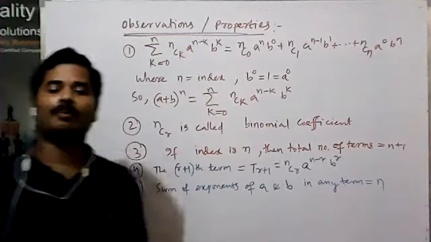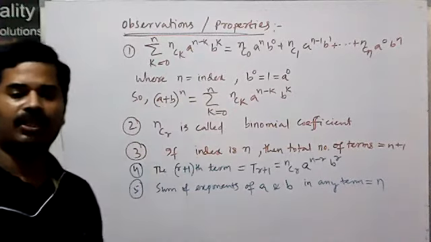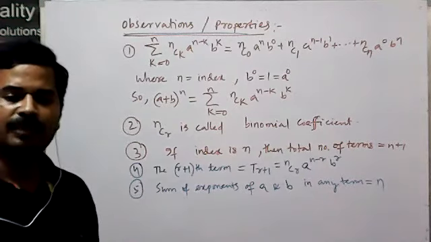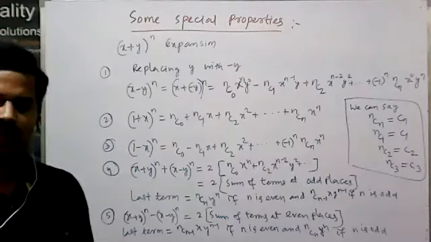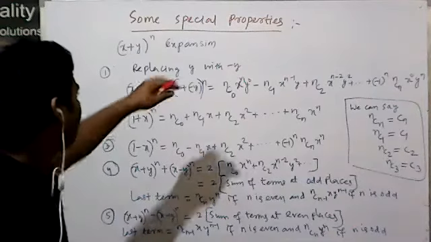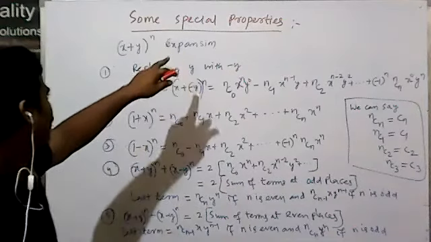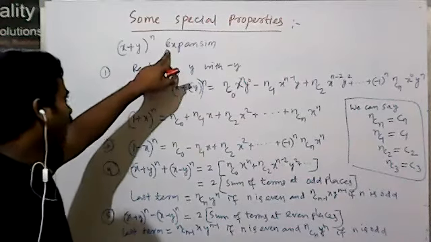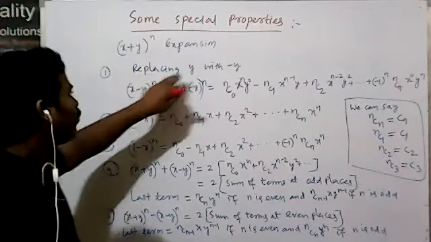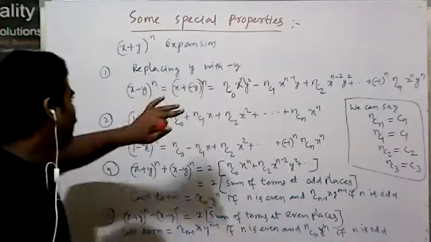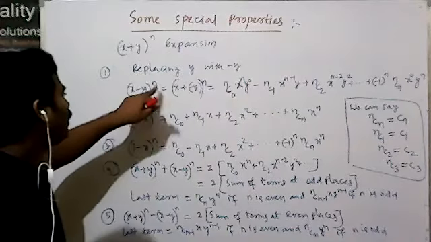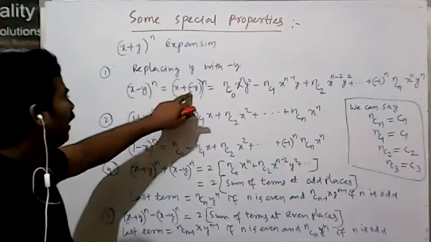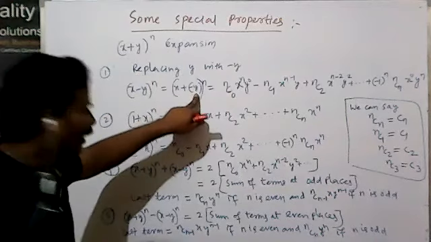Some special properties are there. We can find some special properties. What are they? If the expansion of (x + y)^n is taken, replacing y with -y, then (x - y)^n is written as (x + (-y))^n.